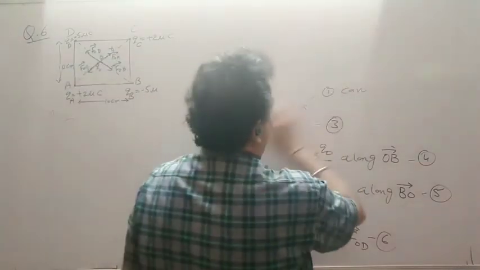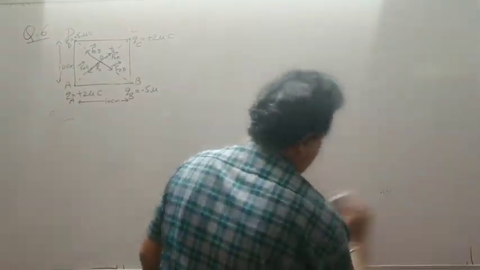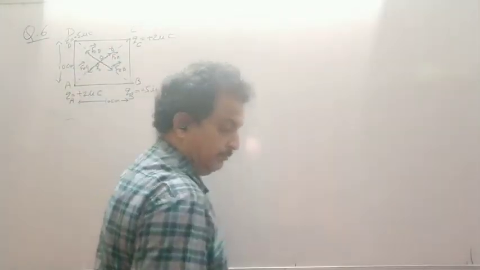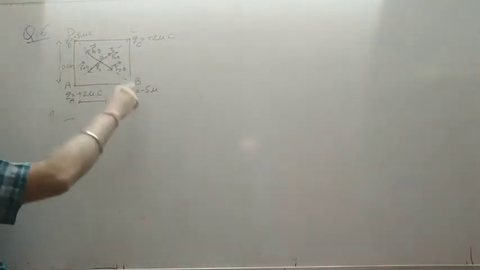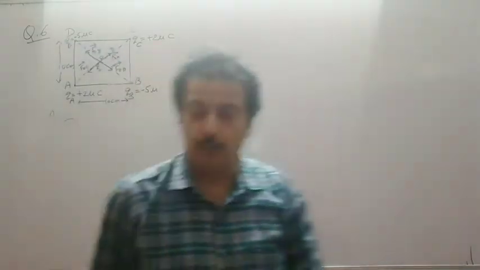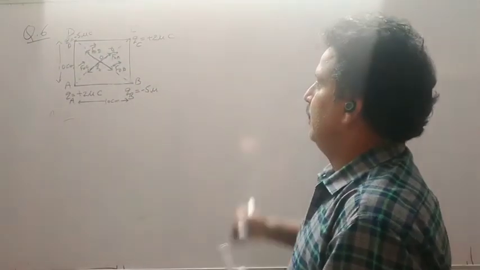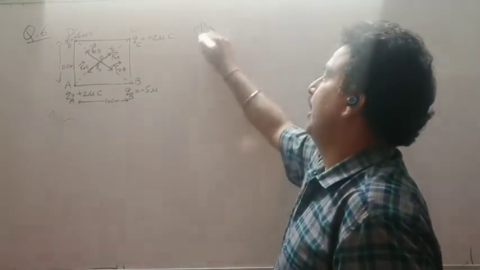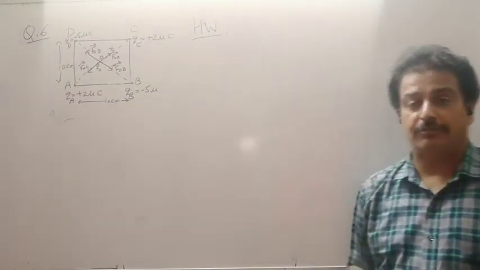Now let us take another example where the charges on the diagonal do not have the same magnitude. So this sum we take as a homework. You try to find out the answer of the resultant force.